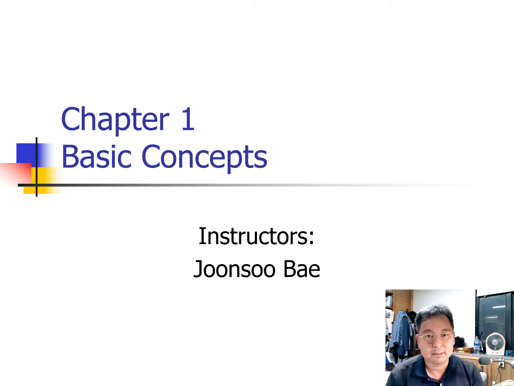And last class, we studied what computers are. We have seen many various research fields in the computer engineering department. Among them, we found that data structure is the most important part in computer engineering.